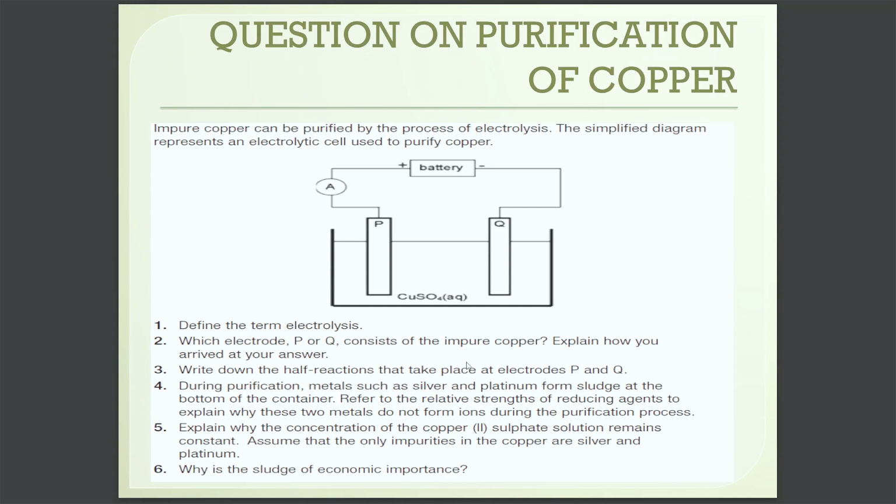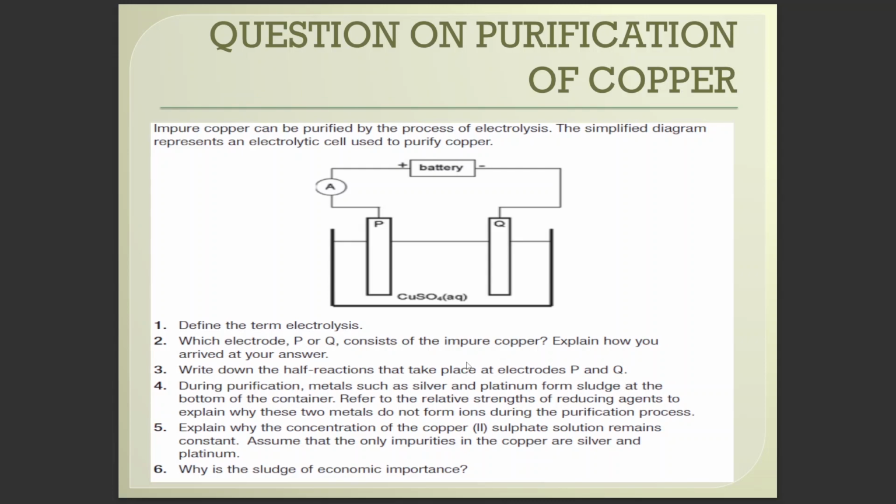We are looking at electrodes P and Q with an ammeter on top, with a battery also on top. Then there is an electrolyte, which is a solution of copper sulfate. Then there are 6 questions again, grade 12. Let us respond to these questions.